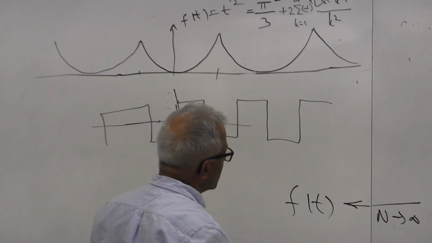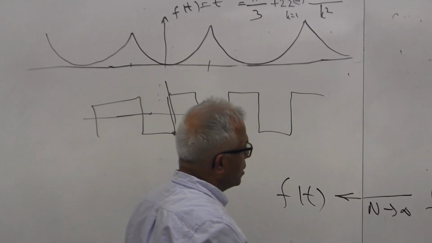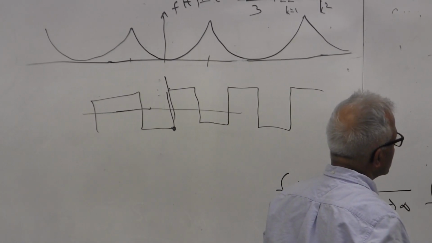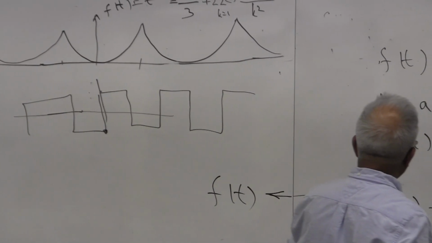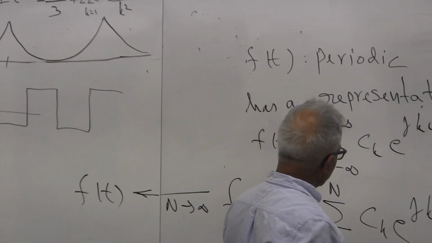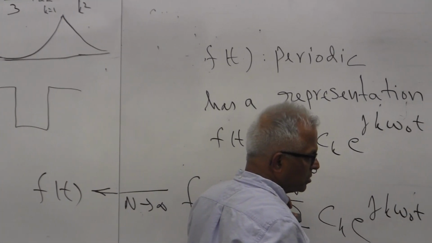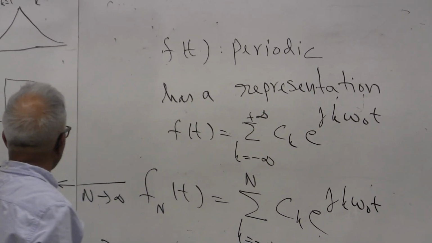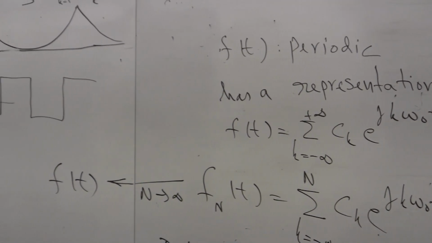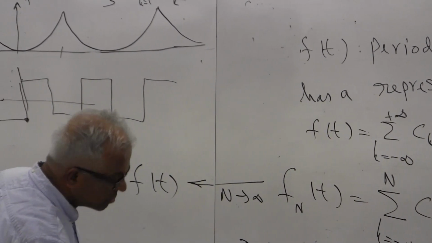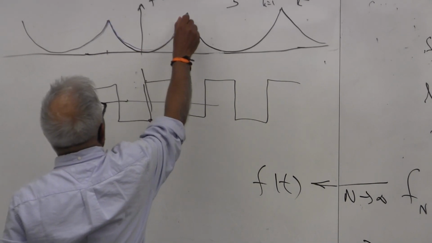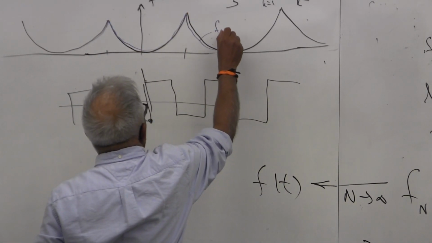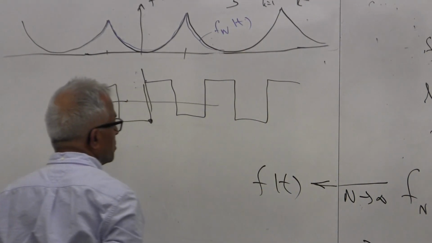So the complete theorem: if f(t) is periodic, it has a representation of this form. What that really means is, if you take the partial sum from minus n to n, including 2n plus 1 terms, and superimpose the partial sum on top of the original function, it will hug the original function as n becomes large. That's the meaning of this.